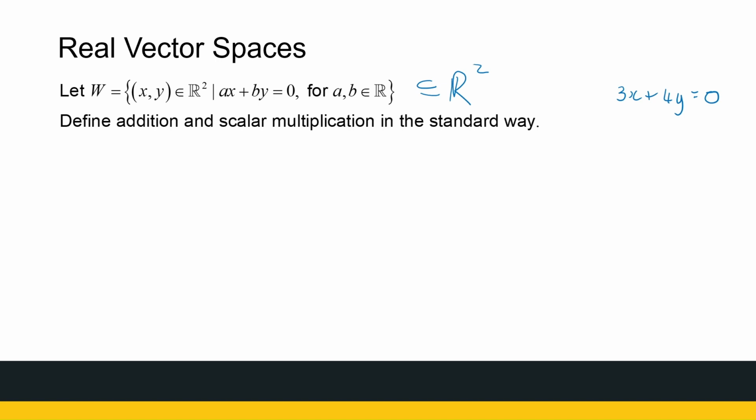So now the question is, if I want to show that this set W is a subspace of R2, we said it must again be a vector space. So it must adhere to all the vector space axioms. If I pick three vectors u, v, and w in W, let's just look at some of those axioms. We're not going to formally prove them one by one. We're just going to get an idea of what we're looking at here.